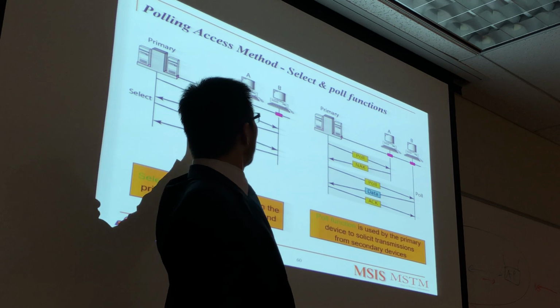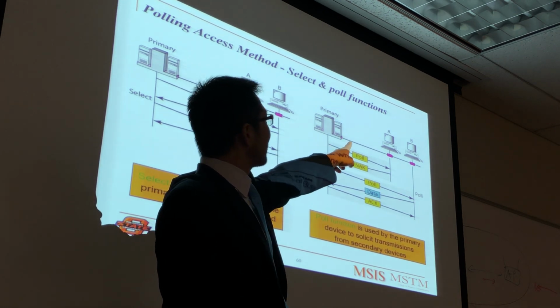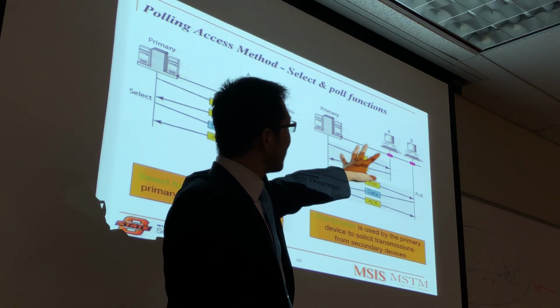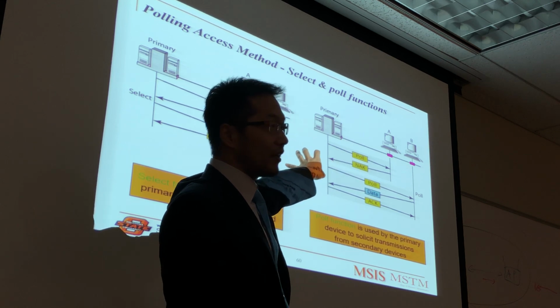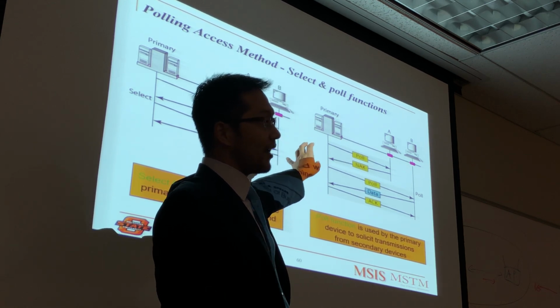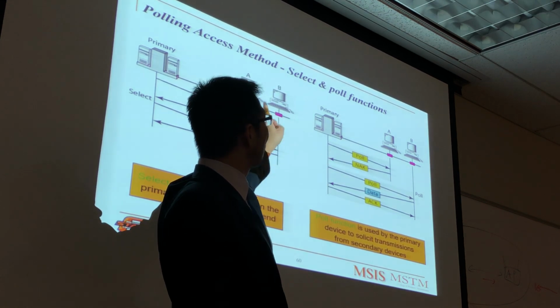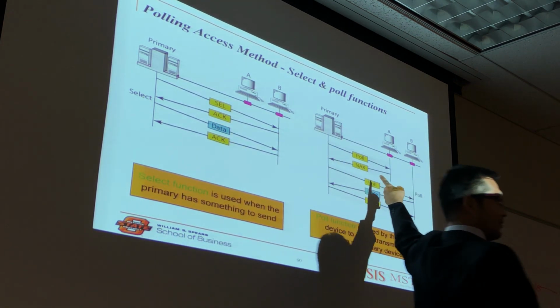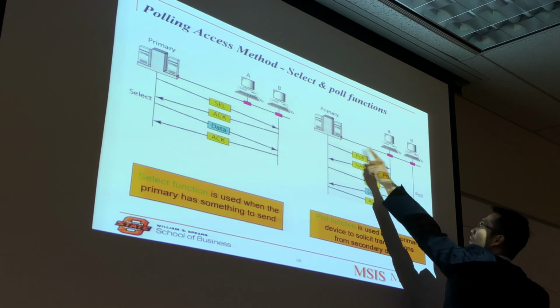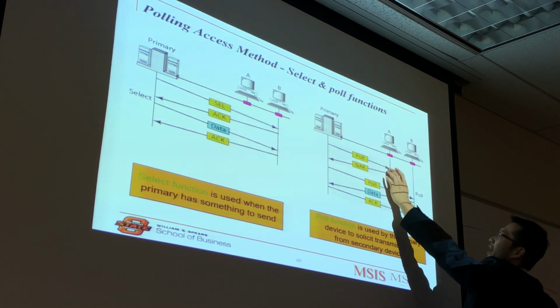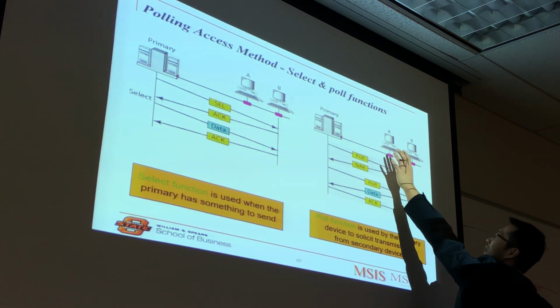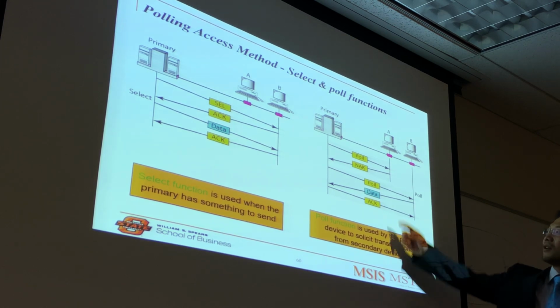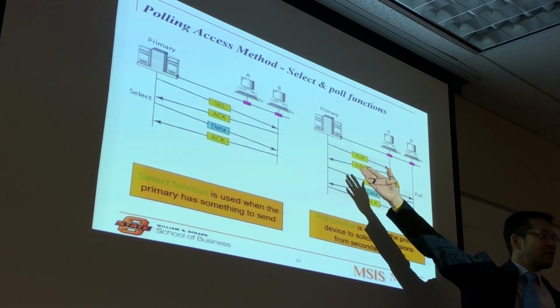Yes sir. If the secondary or slave needs to send something, it cannot transmit just like that. It has to wait until the primary asks, do you have something to say? So the primary sends the poll frame to A, and if device A does not have anything to say, it replies, no sir, I have nothing to transmit.